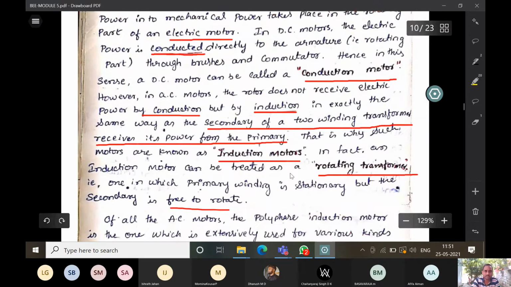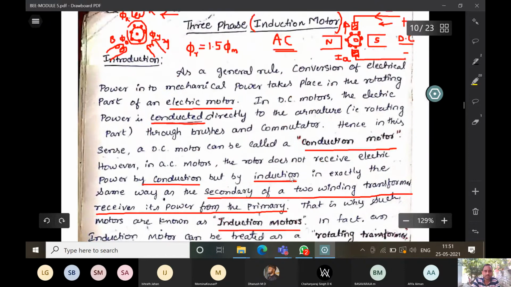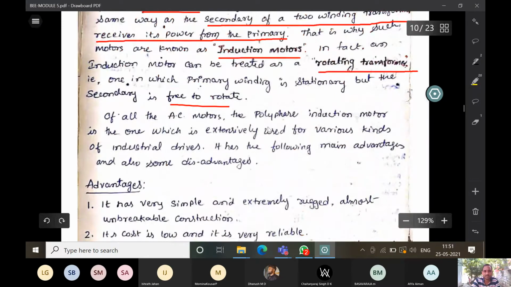This is the introduction about the three-phase induction motor. All of the AC motors are polyphase. Polyphase means three-phase, more than single phase. The polyphase induction motor is the one which is extensively used for various kinds of industrial drives. It has the following main advantages, and also some disadvantages.